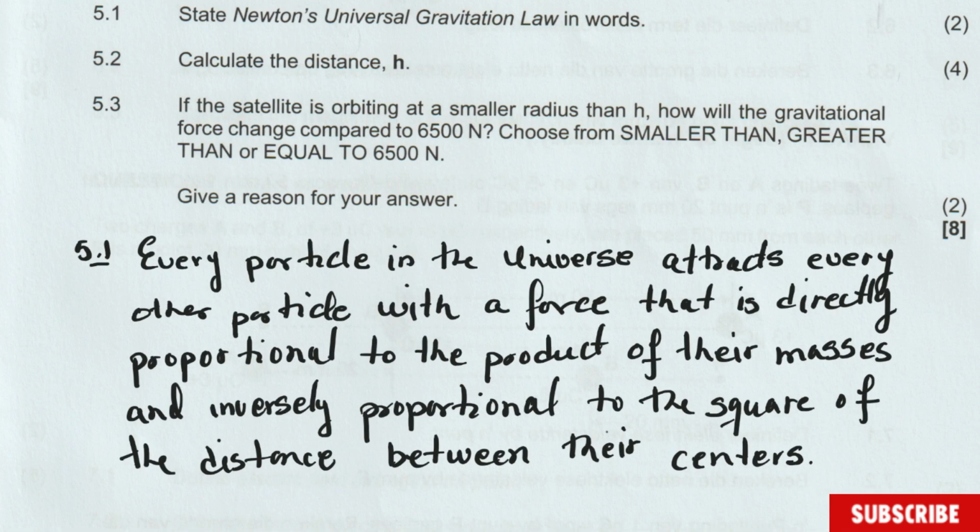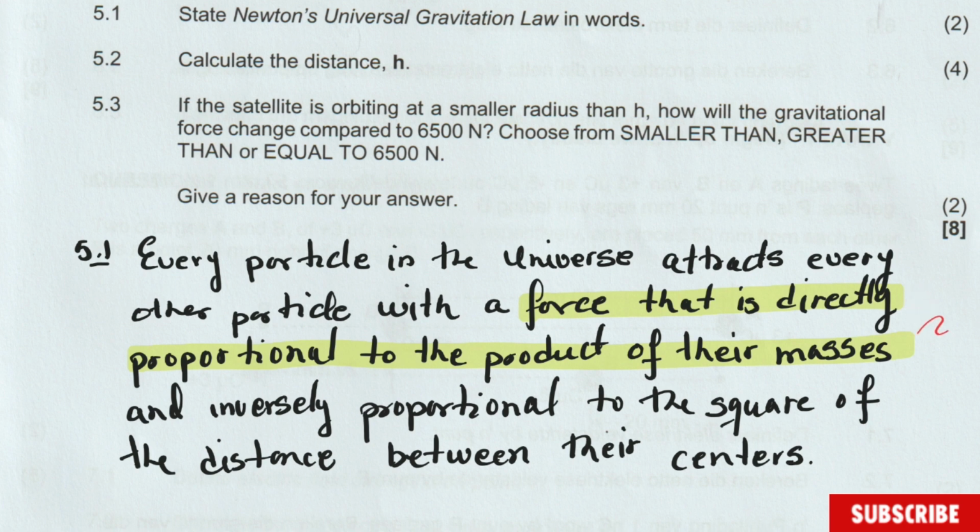Question 5.1: state Newton's universal law in words. Newton's law of universal gravitation states that every particle in the universe attracts every other particle with a force that is directly proportional to the product of the masses. That is the first mark you're going to get, guys.